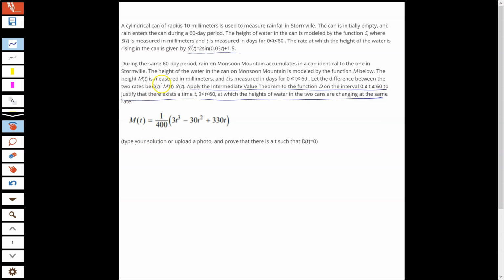Okay? So the hardest thing here, we have this function, d of t equals m prime of t minus s prime of t. So at the same rate means m prime equals s prime at a certain t, right?